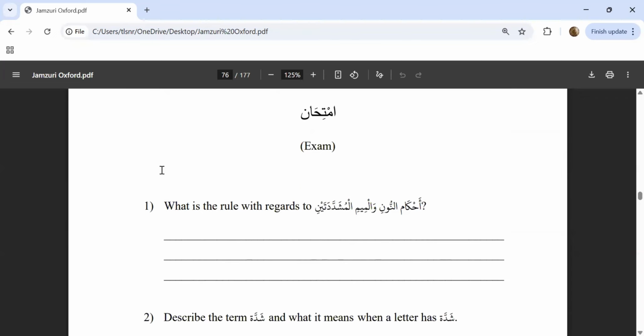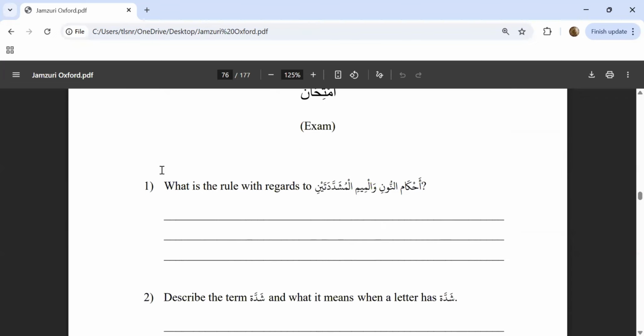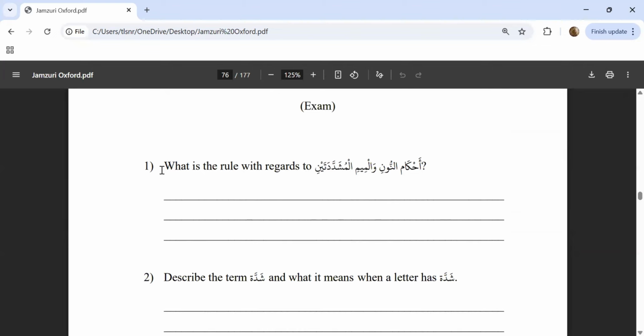And again, you have the imtihan. These are questions that will come on the ijaza. Question number 1: what is the rule with regards to the noon and the meem when they are with a shadda? The answer is very simple and straightforward.